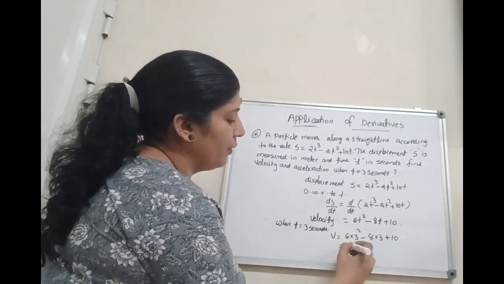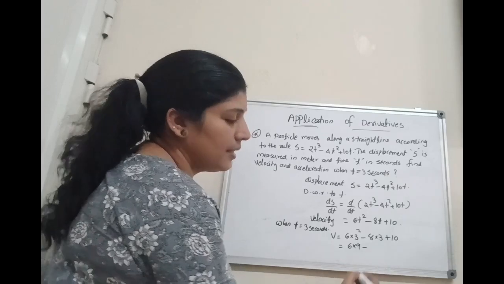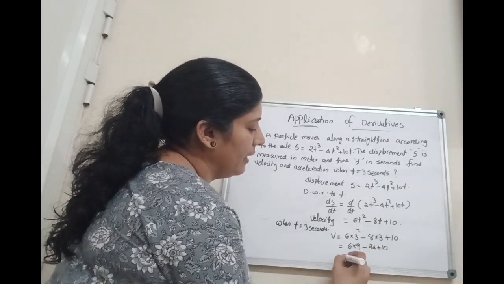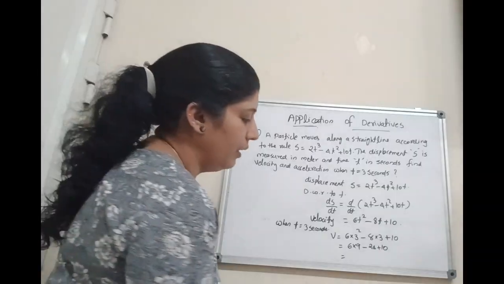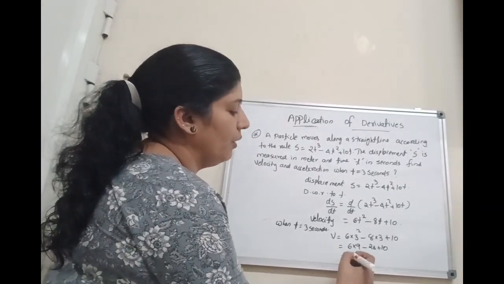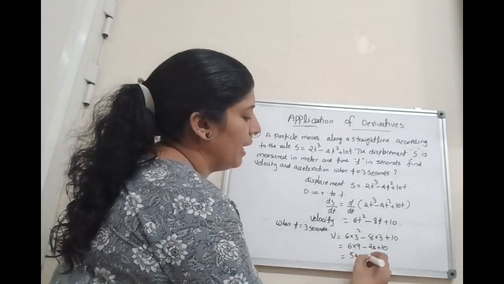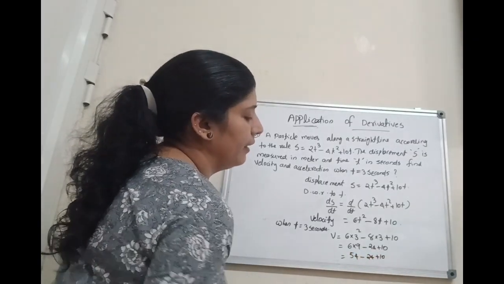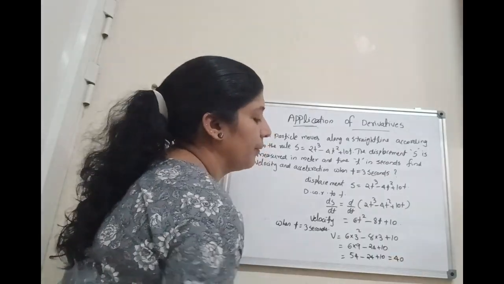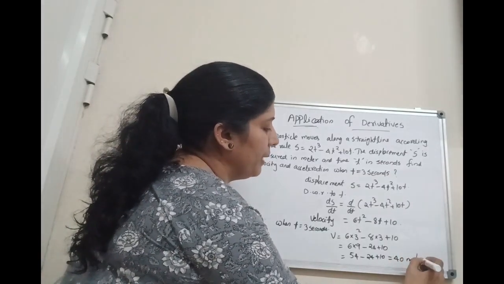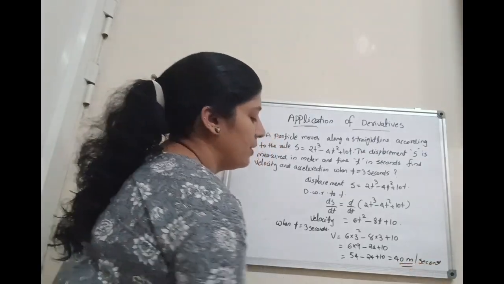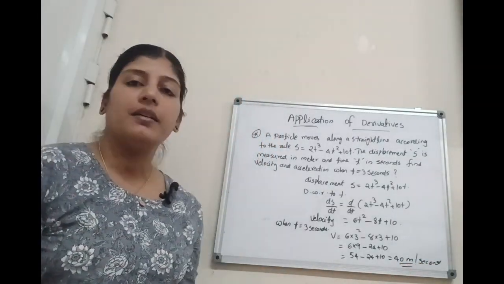That is equal to 6 into 9 minus 8 3s are 24 plus 10. 6 9s are 54 minus 24 plus 10. Then 54 minus 24 is 30, 30 plus 10 is 40. Therefore the velocity v equal to 40 meter per second.